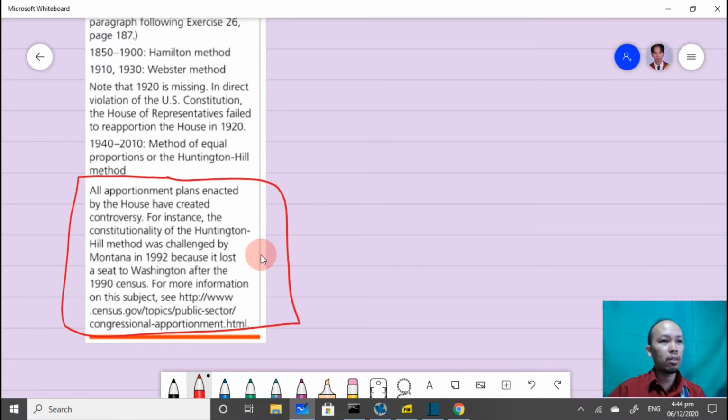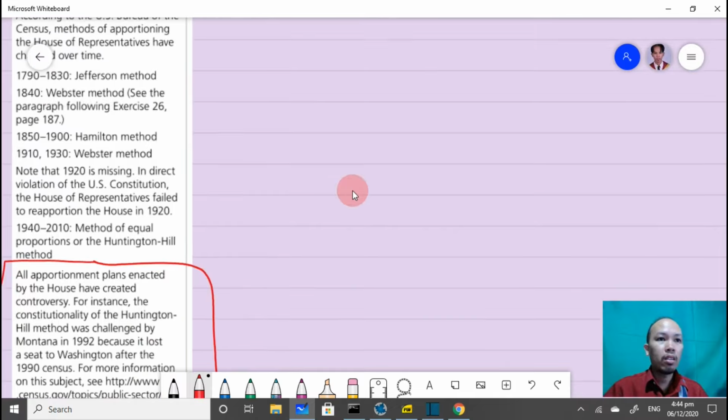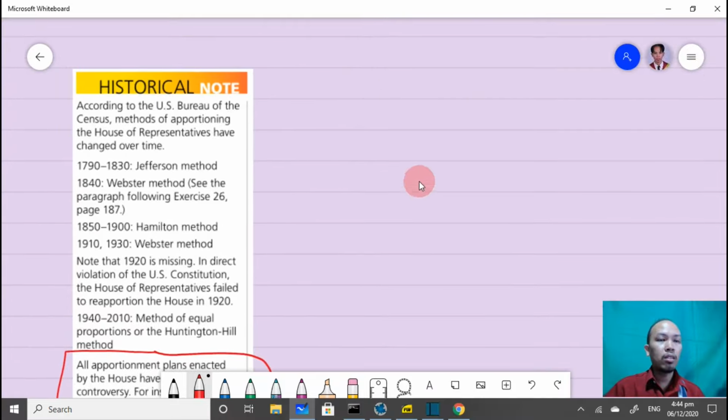So anyway, that depends on the current administrator. Okay, so I guess that's all. So please do recall or review your notes with regards to the apportionment principle and the Huntington-Hill apportionment principle. There's a difference between those two.